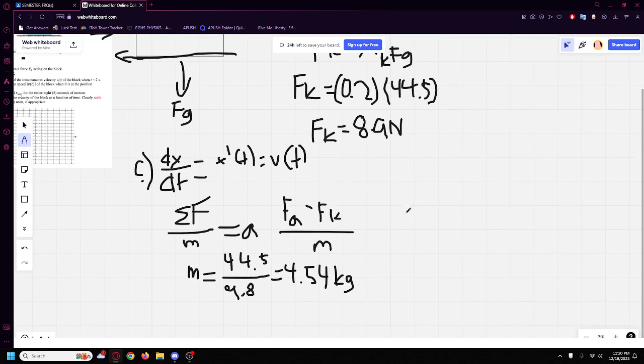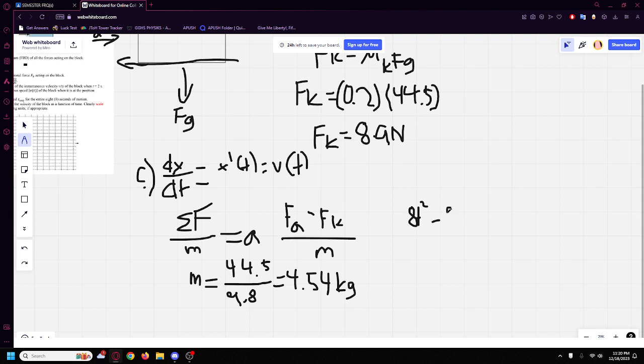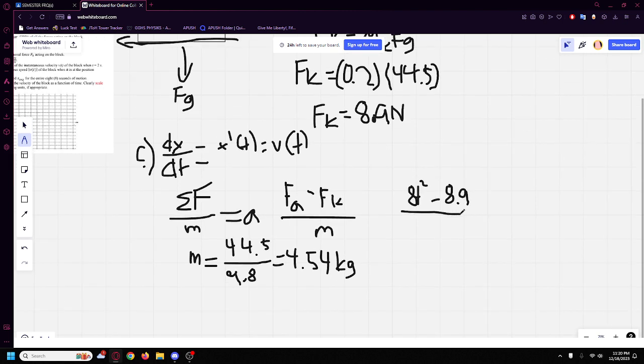So if we plug everything in, it'll be 8t squared minus 8.9, which is the Fk, and you divide that by 4.54, and that gives you a of t.